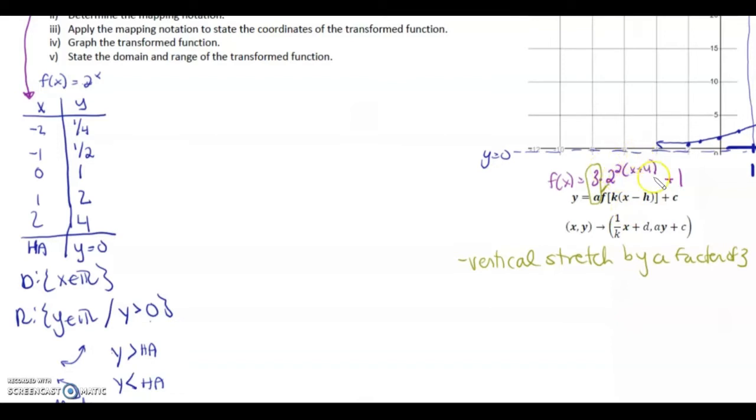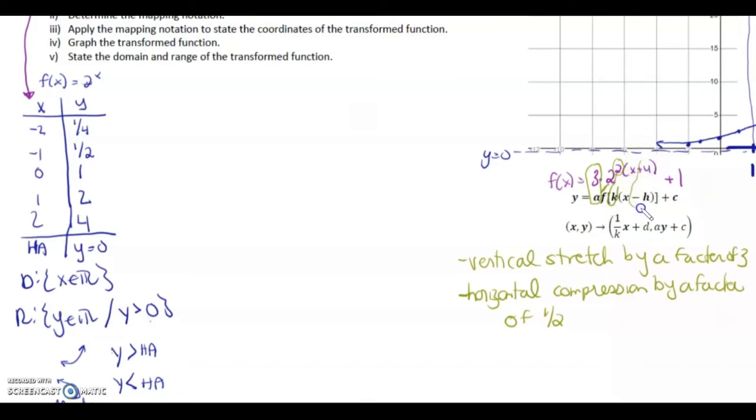Now let's look around the x and see what's going on. So this is our K value. This is a horizontal compression by a factor of 1 over 2. Remember, the K gives a compression or a stretch by that reciprocal.